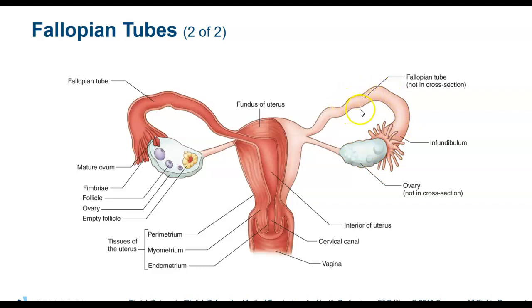At some point, it will be fertilized here. And as it travels down, then it will travel down into the uterus and will attach to the wall of the uterus. And then we have a fertilized egg.